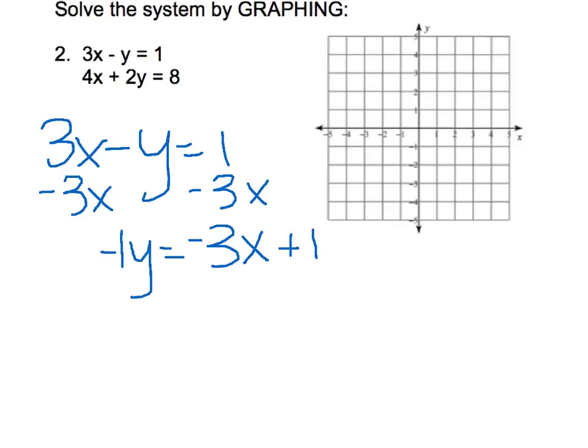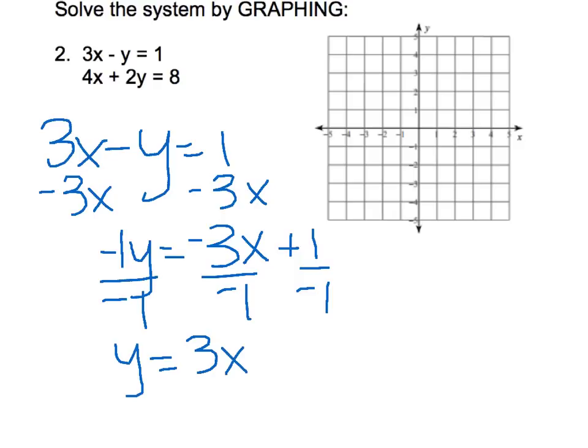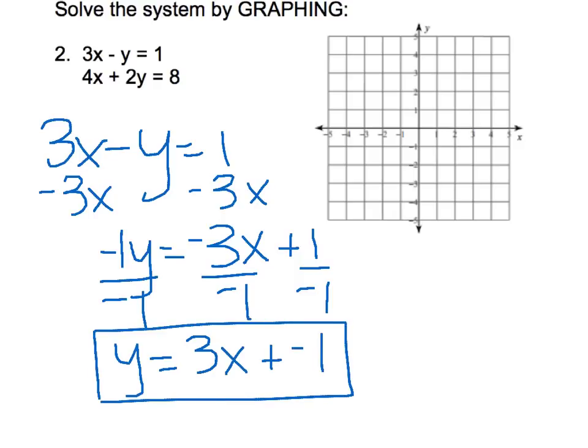So what I need to do is divide everything by negative 1 to get y by itself. So I'm going to get y equals 3x plus negative 1. So this is my first equation. Right next to that, I'm going to write my slope and my y-intercept. So my slope is 3 over 1, and my y-intercept is negative 1.